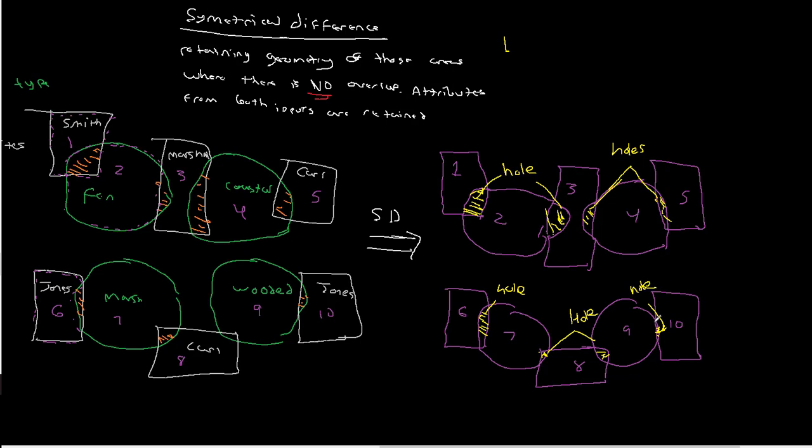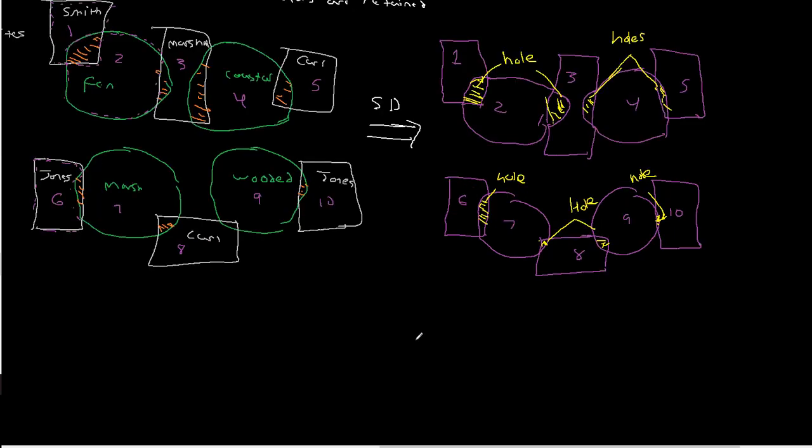There's no data there. Okay? So hopefully that makes sense. This idea that we're putting both inputs in the output, and we're actually removing any areas where they overlap. Okay? So let's then turn our attention to the attribute table.